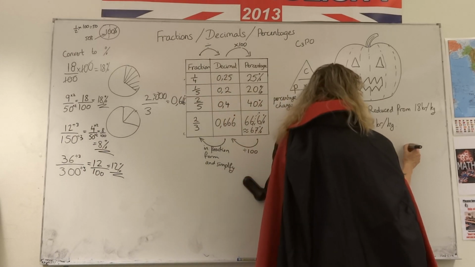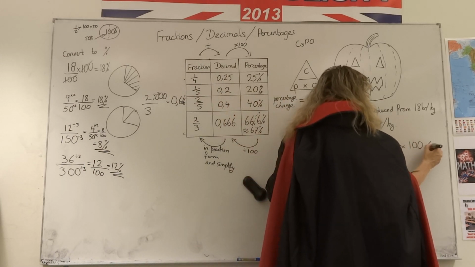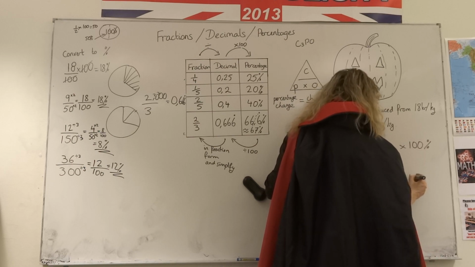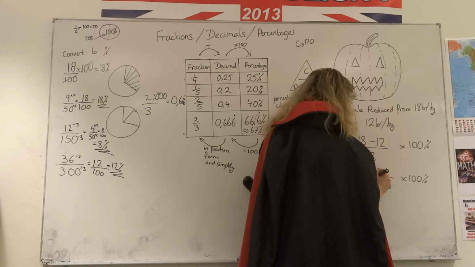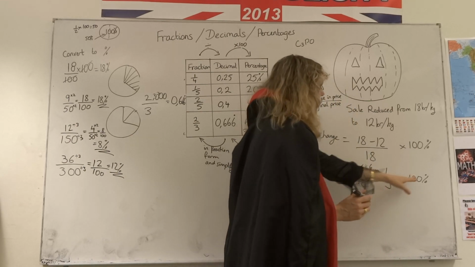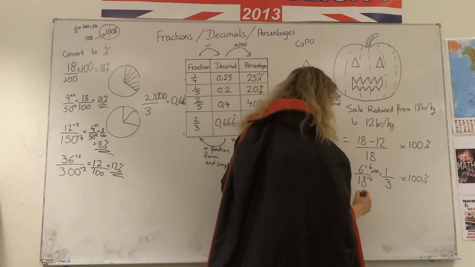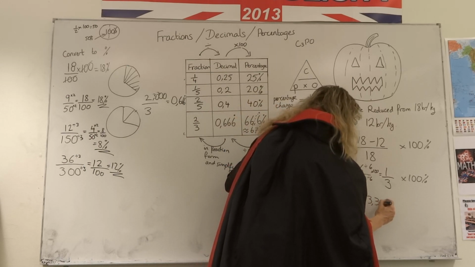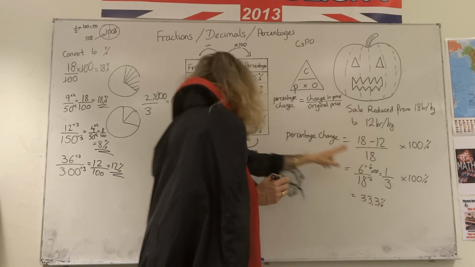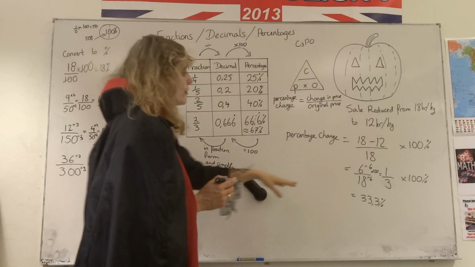To change it into a percentage, we have to multiply by 100%. So 1/3 multiplied by 100 would be the same as 33.3%. We know that 1/3 is 0.33333.